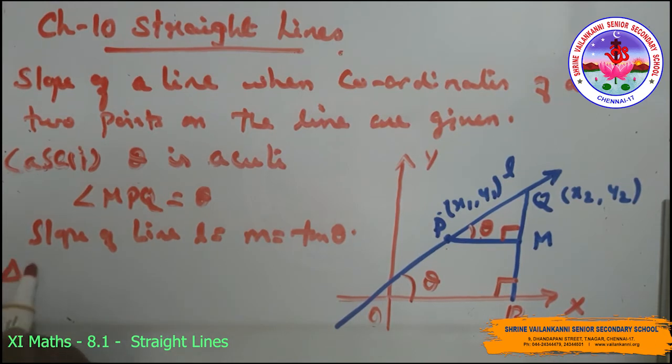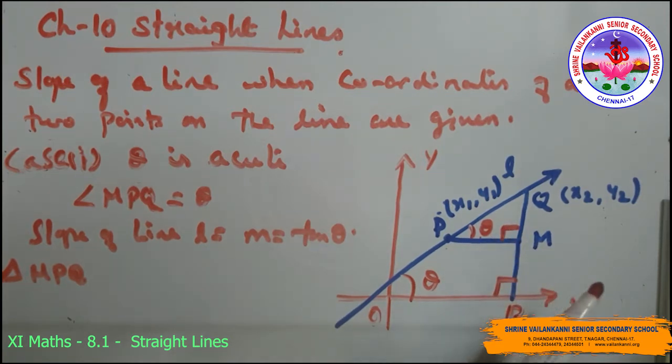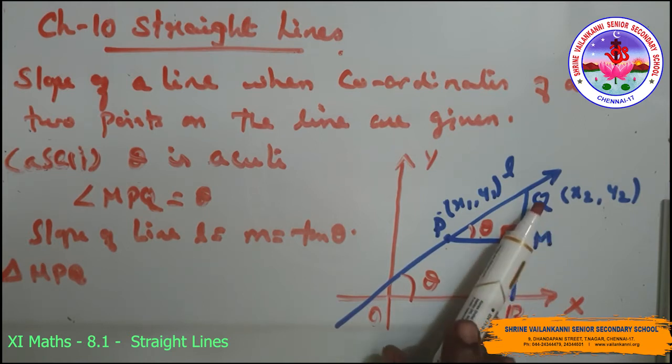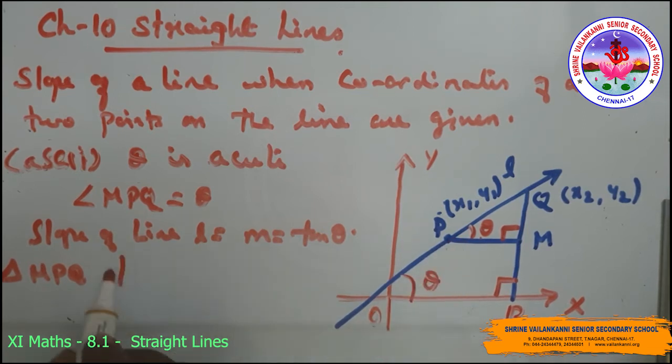In triangle MPQ, angle M is 90 degrees. Tan theta is opposite by adjacent. Opposite side is MQ and adjacent is MP. So tan theta is MQ by MP.